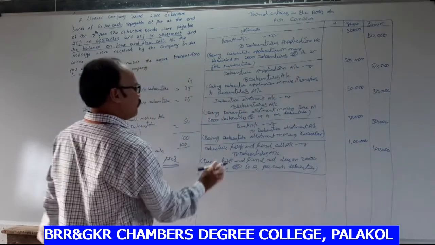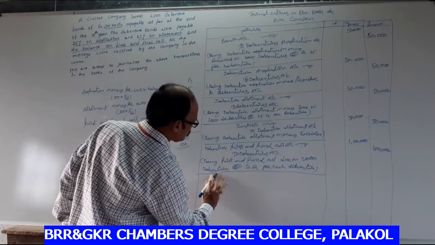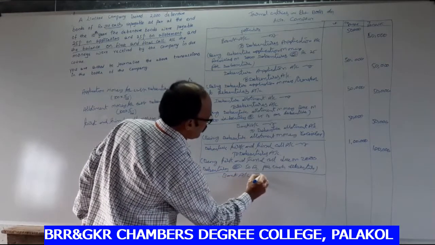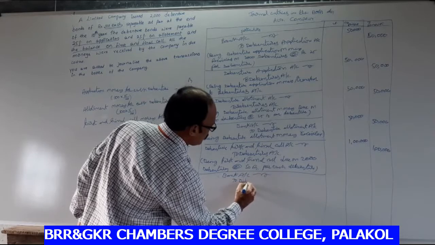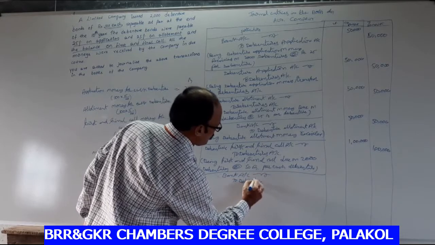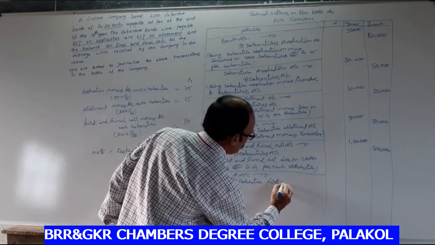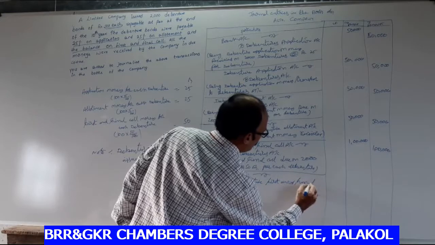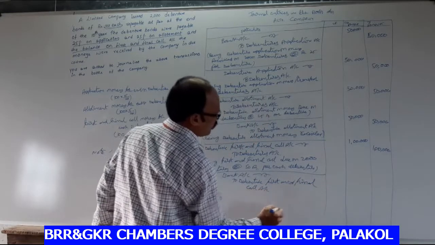Next one, when first and final call money is received: bank account debit to debenture first and final call account.